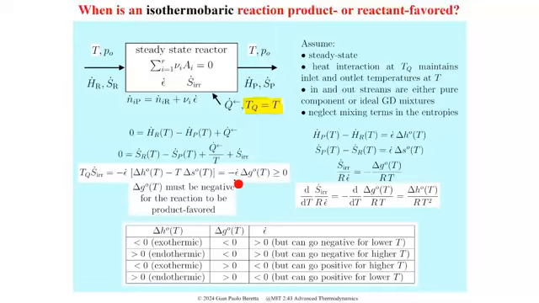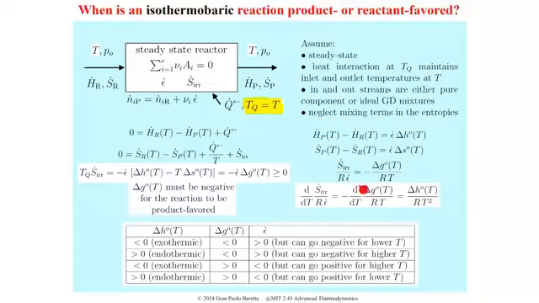However, this depends on temperature, because the Gibbs free energy is a function of temperature. And in the next slide, we will prove this relation, that the way the Gibbs free energy changes with temperature is related to the enthalpy of the reaction.